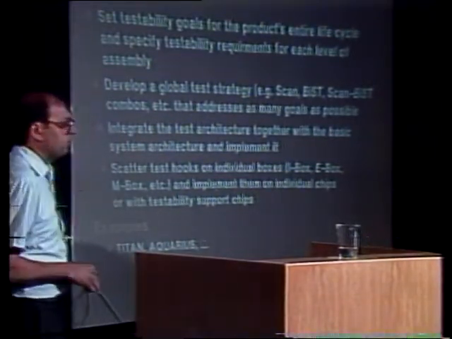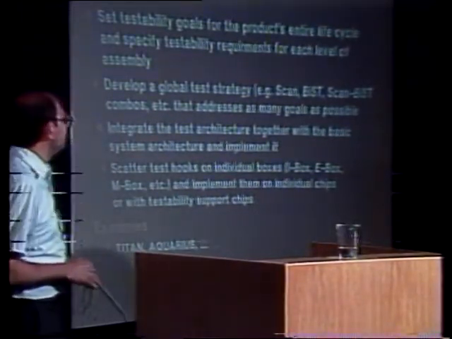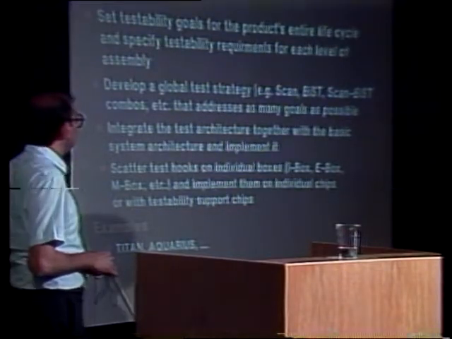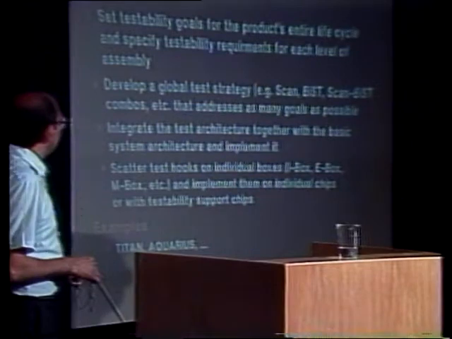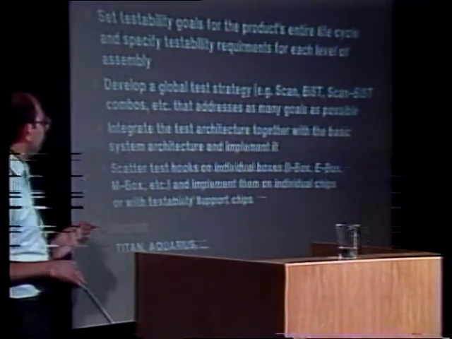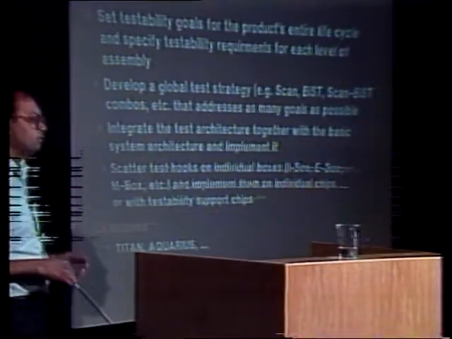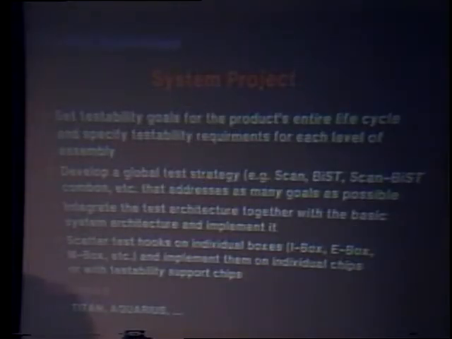At the system level, what we want to do is set testability goals for the entire product's life cycle, and then specify testability requirements at each level of assembly. This is really philosophical. We'll see some specific examples.